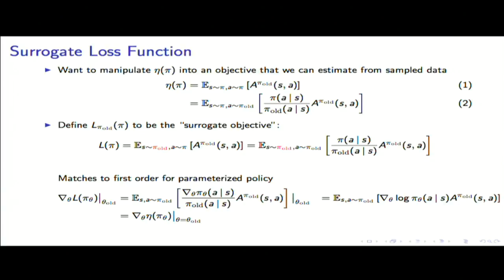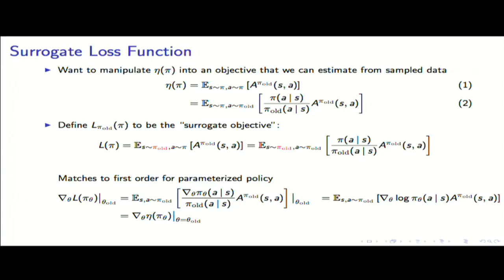If we wanted to actually sample everything using the new policy pi, we would have to actually sample a trajectory using that policy. So we would have to take actions in the MDP. Does that make sense?